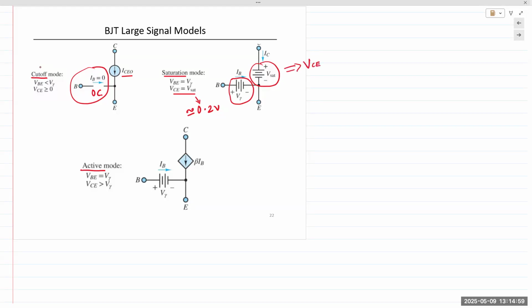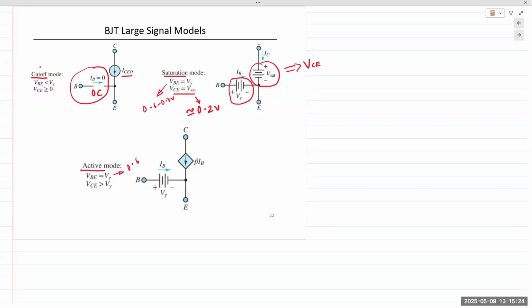Okay. And then finally, one of the most important modes, depending on our application, is the active mode. In active mode, VBE is still forward biased, but the collector-base junction is reverse biased, right? So VBE, V gamma, is the same as what we had for saturation mode, which is about 0.6 to 0.7.